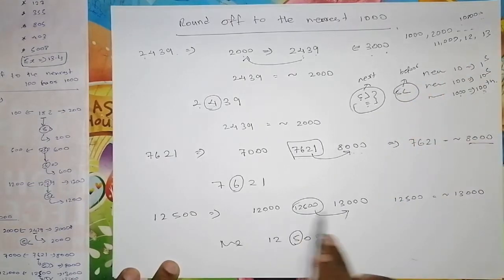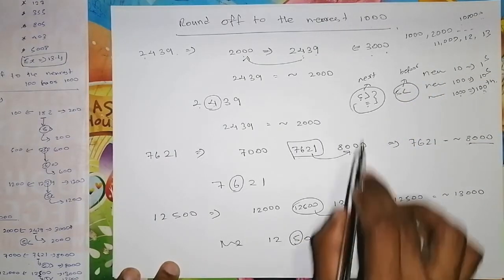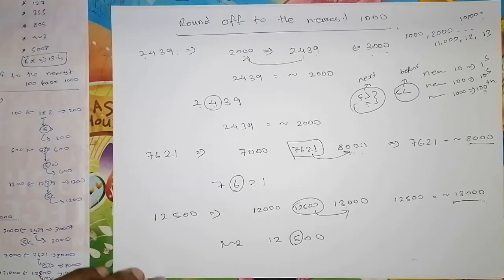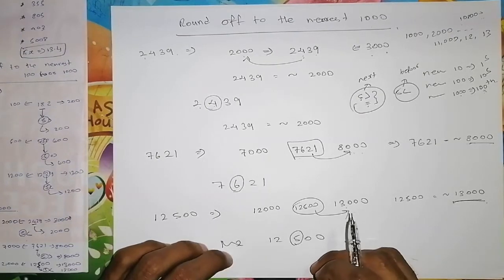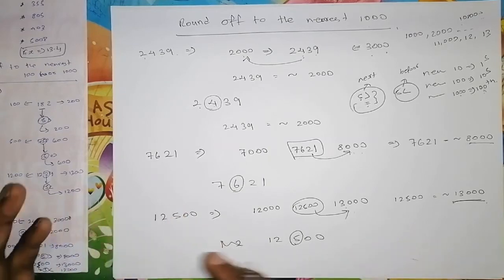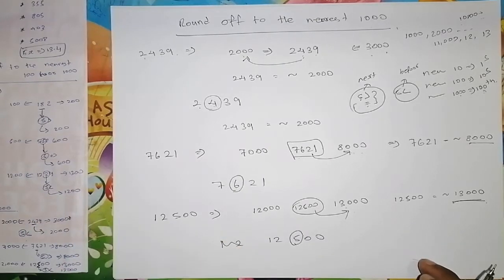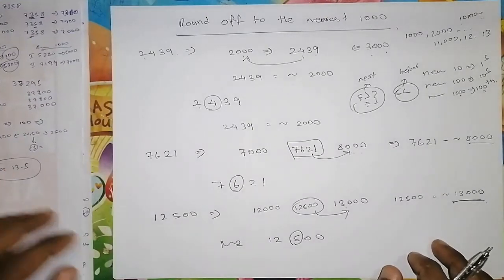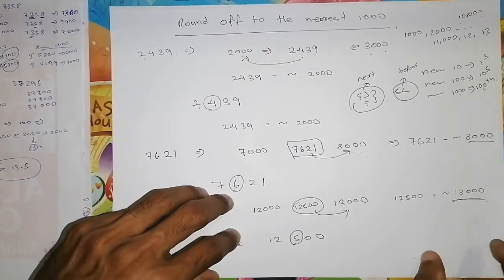So in between 12,000 and 13,000, the digit is equal to 5, so we take the next number, 13,000. Likewise, we are rounding off the given number to the nearest 100 and 1000, the same way as we studied in rounding to tens.